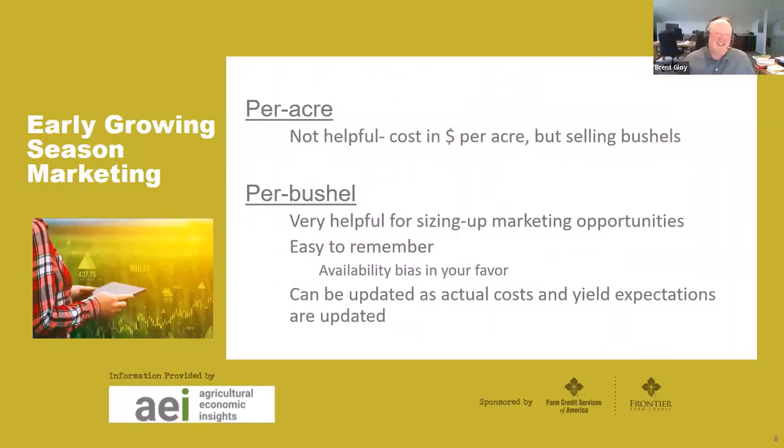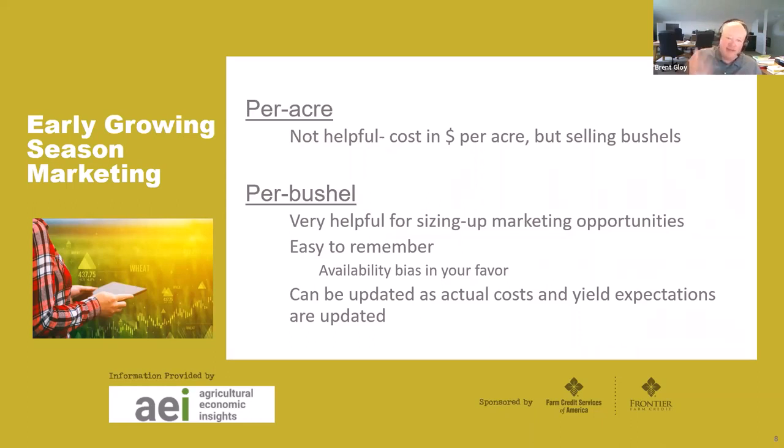The other thing I think that's useful, another common decision, is marketing decisions. And here's a case where per acre is a lot harder to think about, because we don't typically sell an acre of crops, we're selling the bushels. And so somehow we have to convert those things back to dollars per acre, which I actually encourage you to do.